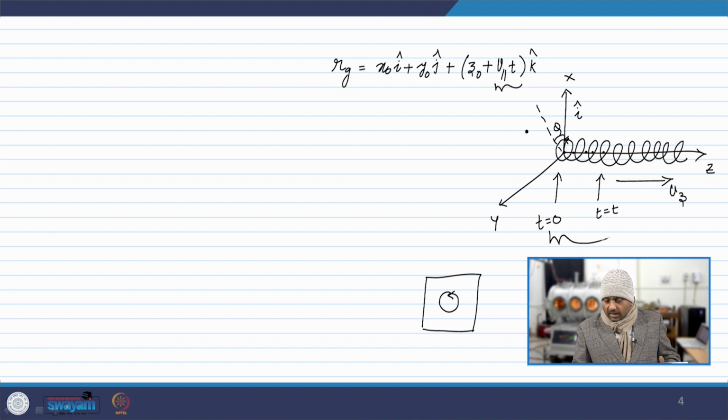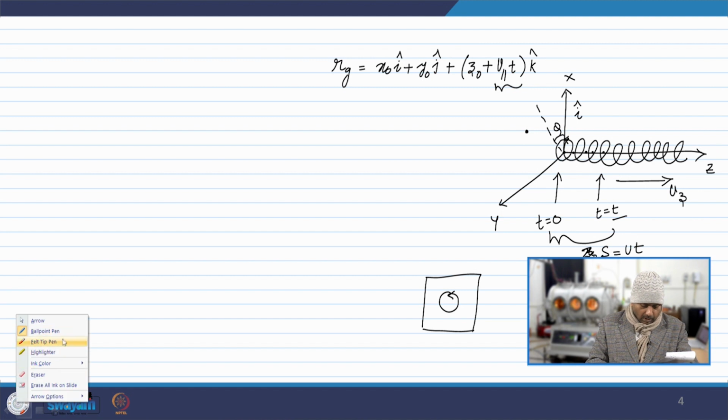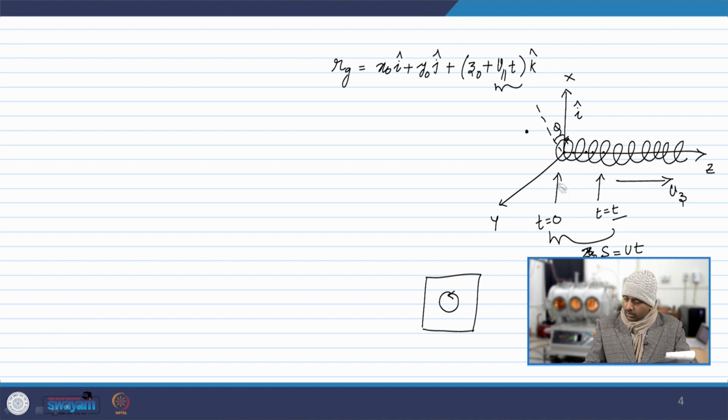So the distance travelled between these 2 points is s equals ut or vt. Since there is already the initial coordinate z0, at this instant t the position is z0 plus ut. That is what I have done here. I hope you have followed it. It is very simple; from simple plus 2 level kinematics, you can understand all these things.